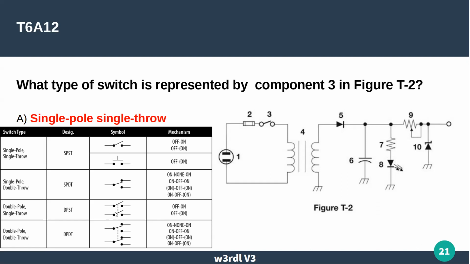This is a double pole single throw. It's like 2 switches in parallel, 2 single pole single throw switches. And then we have a double pole double throw. Again, it's 2 parallel single pole double throw switches.